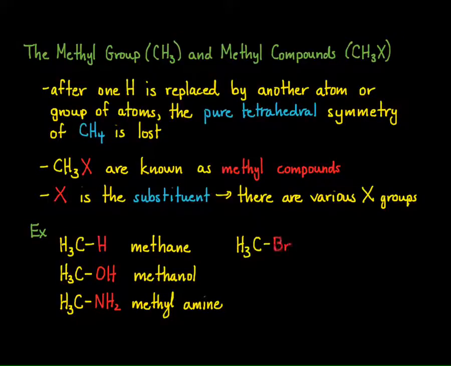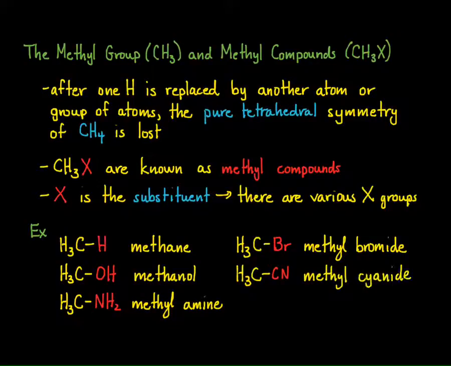We can also exchange the hydrogen for a bromine or a chlorine or an iodine or fluorine, any of the halogens, and we get methyl halides, or in this particular case a methyl bromide, but in general any halogen is called a methyl halide. We can also replace it with cyanide, so it becomes methyl cyanide.